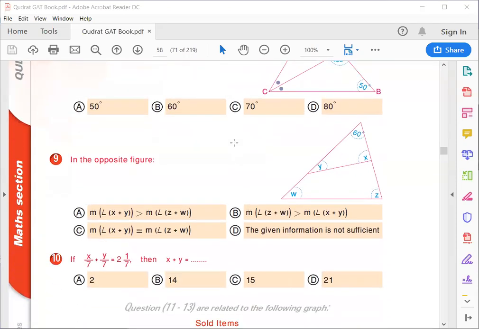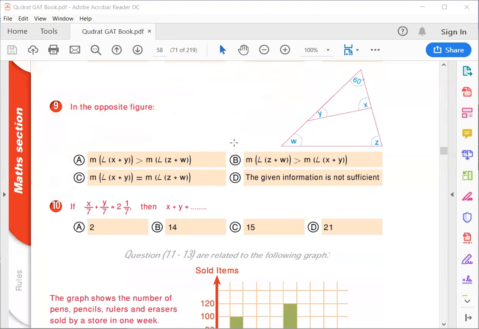Right, good. Now, 9. In the opposite figure, we want to find the correct relation or the correct equation here.